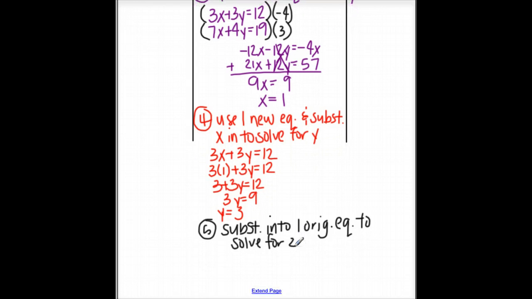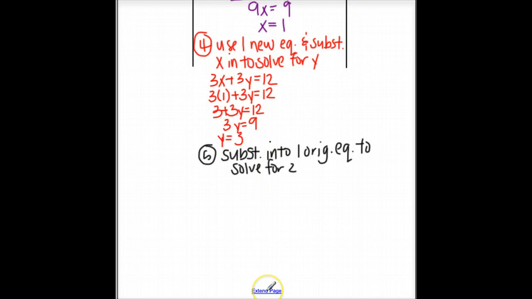So x plus y plus 3z equal to 7. In there I'm going to substitute in my x value of 1, my y value of 3, and then I have plus 3z equal to 7.